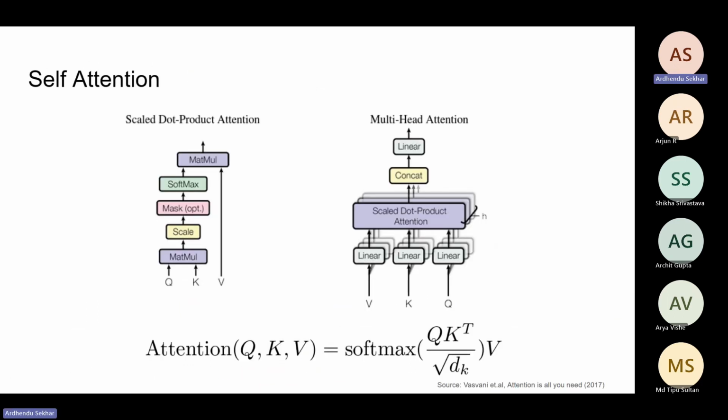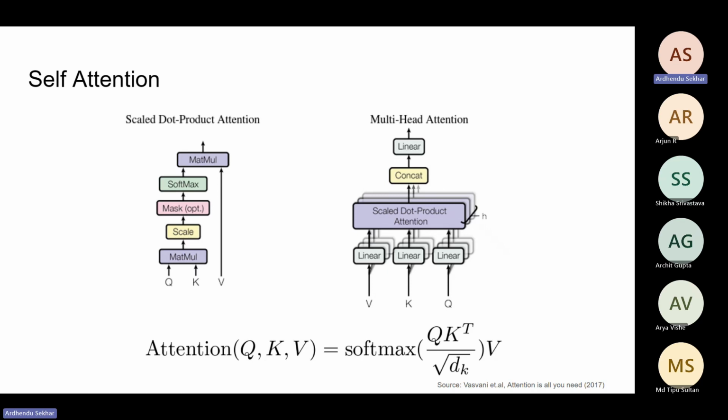Multi-head attention: what I told you is self-attention, where every input looks at every other input. In every layer there are multiple attention heads, and this is what happens in one attention head. But I can have that same thing in parallel.